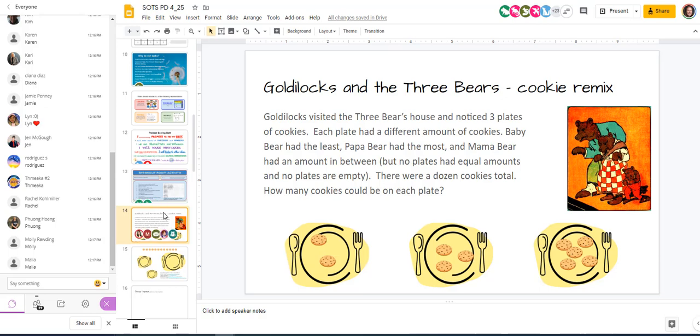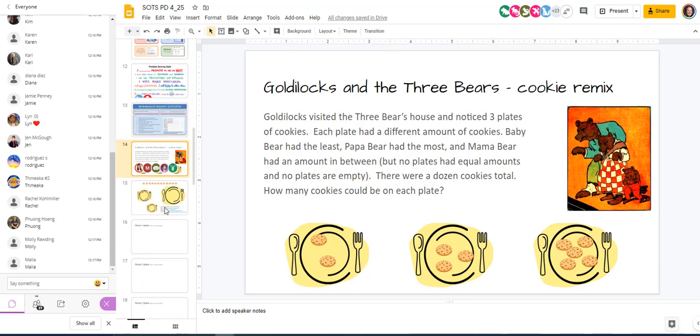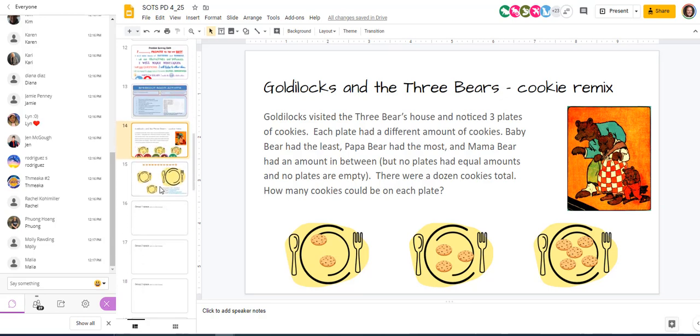Each plate had a different amount of cookies. Baby Bear had the least, Papa Bear had the most, and Mama Bear had an amount in between. But no plates had equal amounts, and no plates are empty. There were a dozen cookies total. How many cookies could be on each plate? That's your problem to solve in groups.